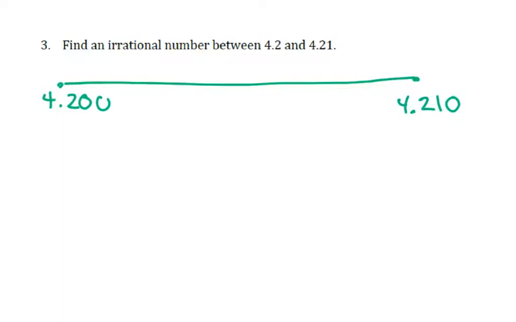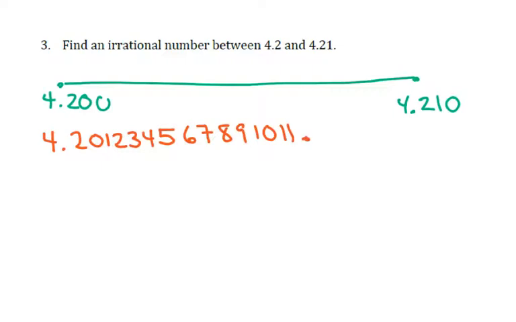Here's another way to come up with an irrational number that clearly never repeats and clearly goes on forever. Let's see if you can follow what this is doing. Do you see what I'm doing? These are the natural numbers as the digits.